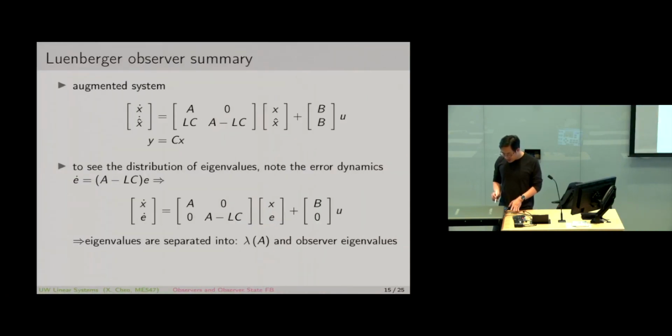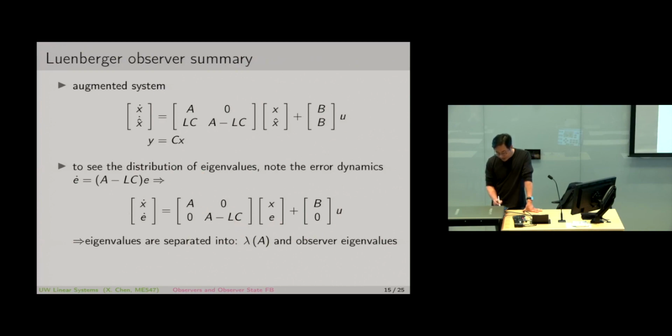We can also write it slightly in a different way. This time, the eigenvalues will be even more obvious. We can write it in a way that is actually after a similarity transform. We use X and the observer error, E, as the second set of states over here. If we do that, then the augmented system equation is further simplified.